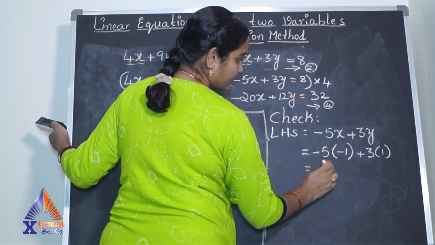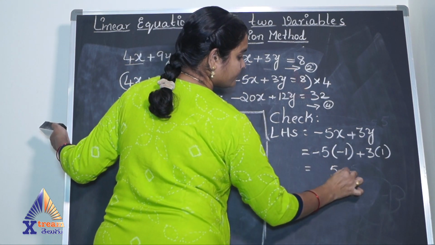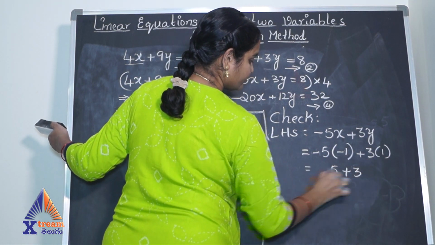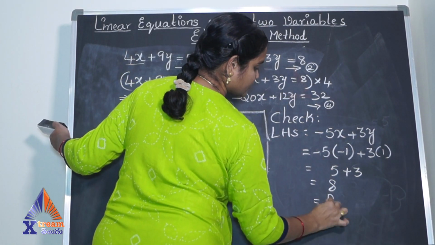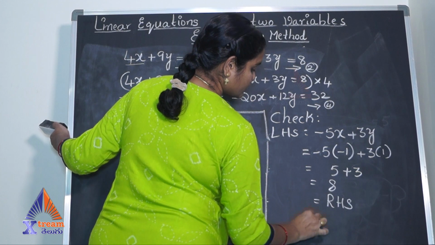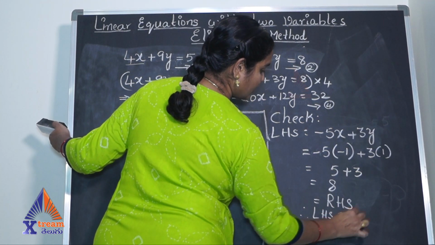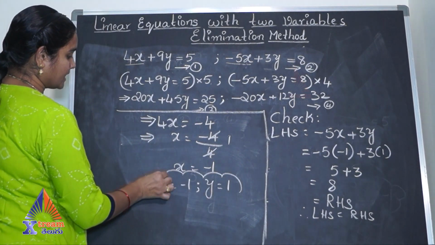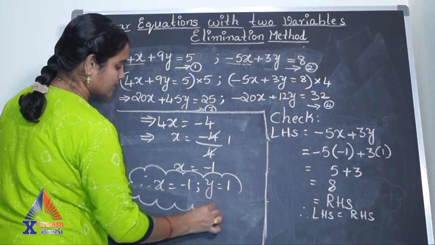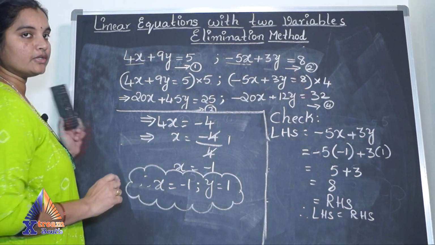Minus of minus becomes plus, and 5 ones 5, plus 3 ones 3. We got 8, which is nothing but its RHS. So therefore LHS is equal to RHS. And we can happily say, and also with confidence we can say, that these both are solutions for these two equations.